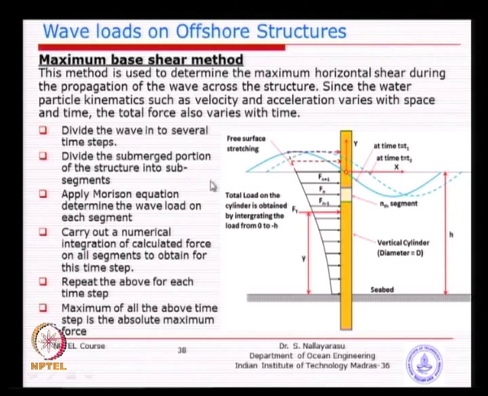Near the surface the velocity is going to be higher, because of the exponential decay function. At the bottom you have sinh kh and at the top you have cosh of k(z plus h). As z goes down, you will see that the function will be reducing.